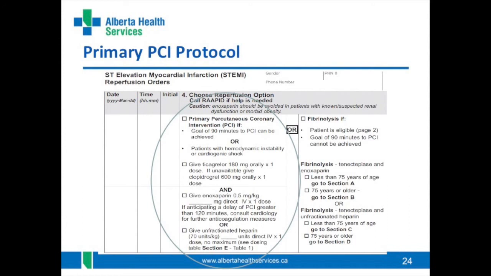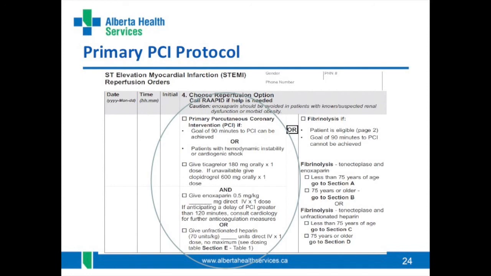And then for anticoagulant strategy, again, we endorse an enoxaparin-based strategy, 0.5 milligrams per kilogram IV dose times 1. And if anticipating a delay, then consult cardiology for further anticoagulant management. If enoxaparin cannot be given, then unfractionated heparin at 70 units per kilo, direct IV.